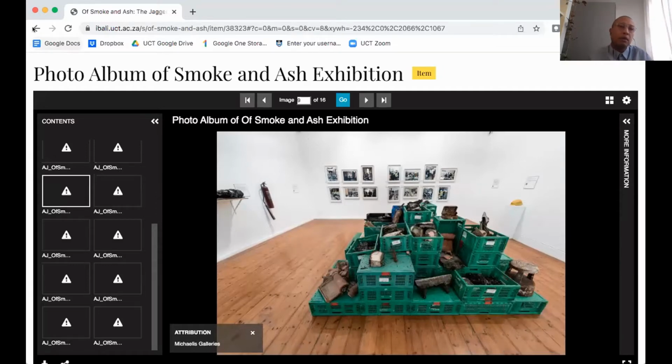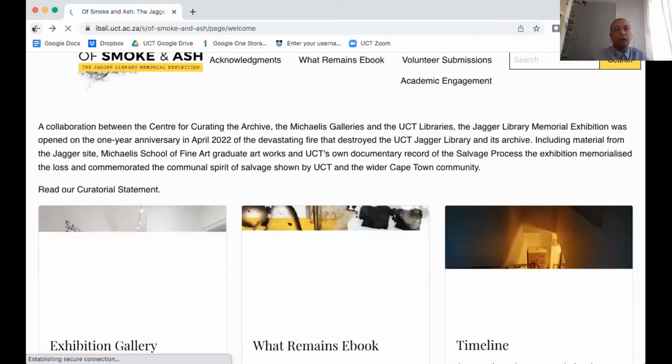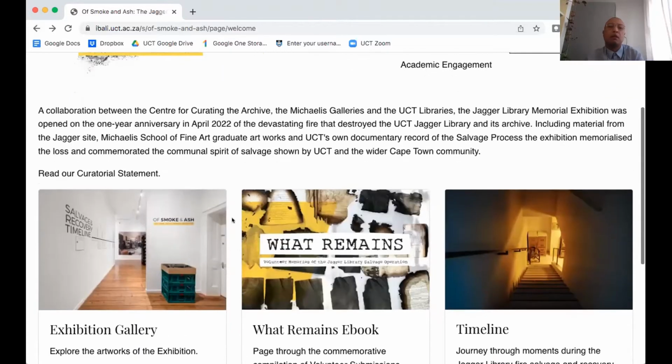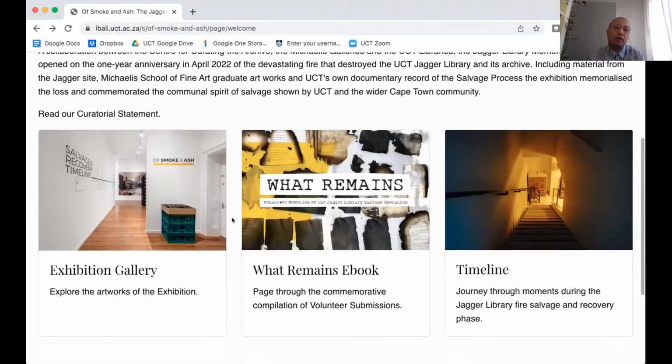So now I want to move to the use of volunteer memories. It was really important for Jade and myself to honor the memories of volunteers who had participated in the salvage operations. We wanted to place this strong emphasis on this.